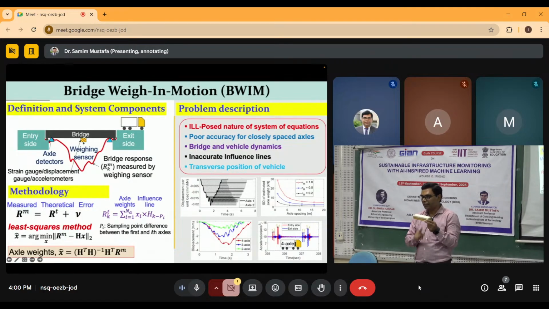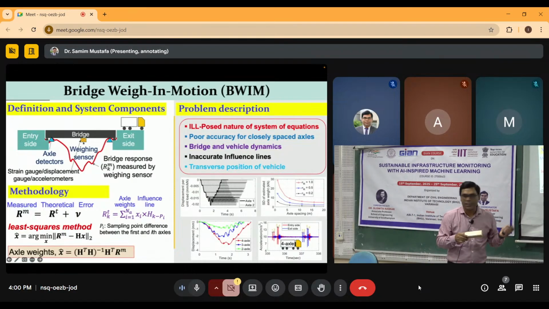Once you are done with identification of that influence line, then you proceed with the implementation of bridge weigh-in-motion, because for that bridge the influence line remains constant if no significant deterioration happens. If there is significant deterioration, then the influence line will change, because it depends on the flexural rigidity, as you know.